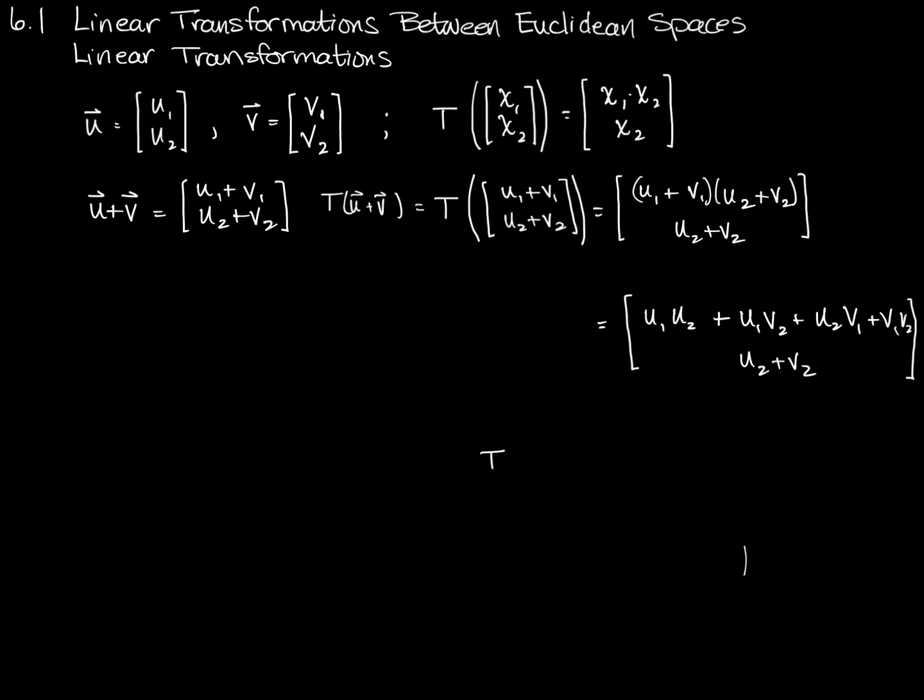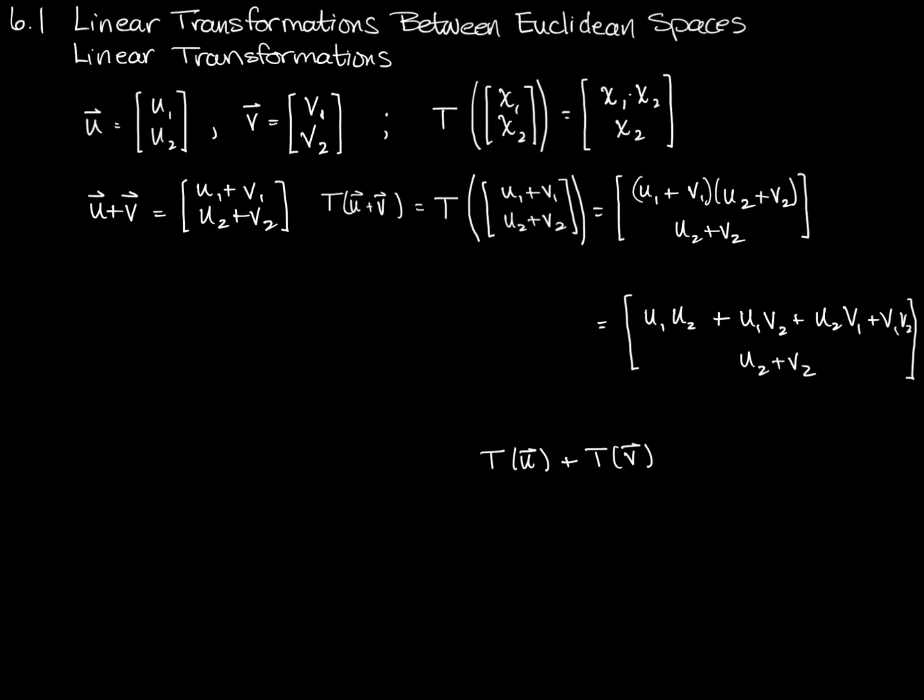The transformation of u plus the transformation of v, because what I'm trying to do is show that this equals this sum, right? If I can't figure out what to do from this point, then let's start at the other end and see if we can do some stuff here that makes the result look like this.